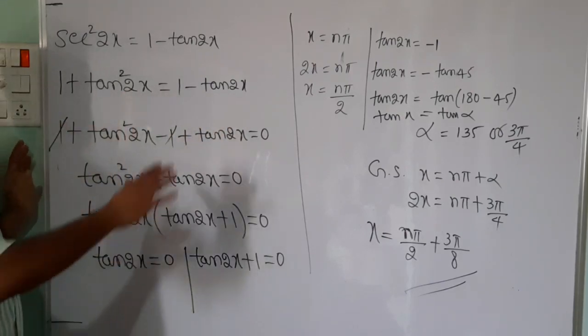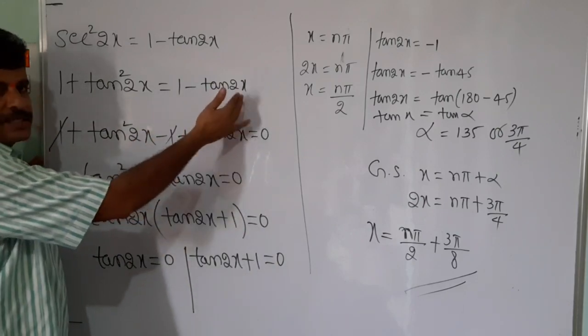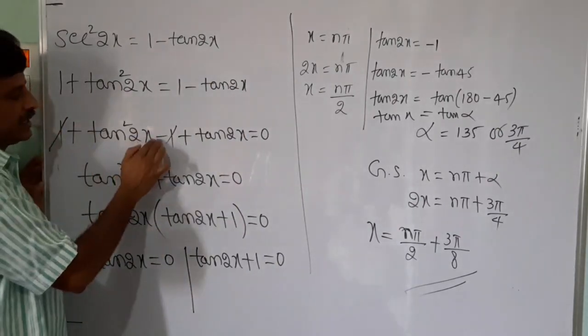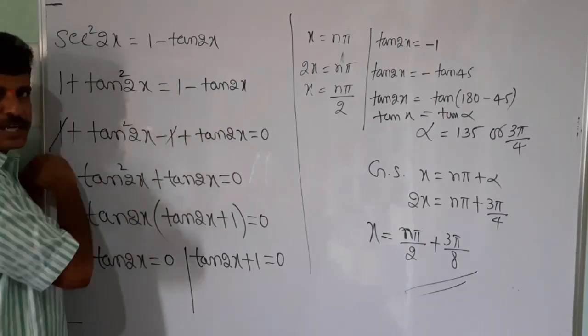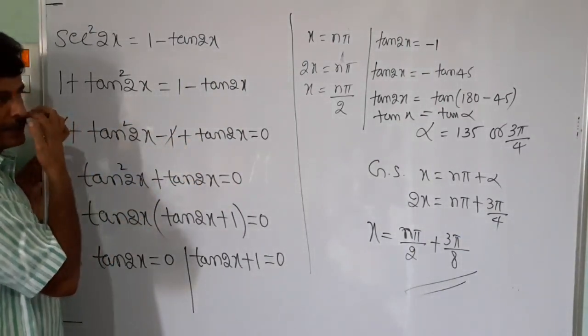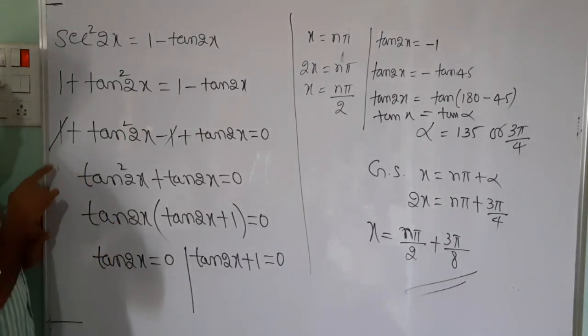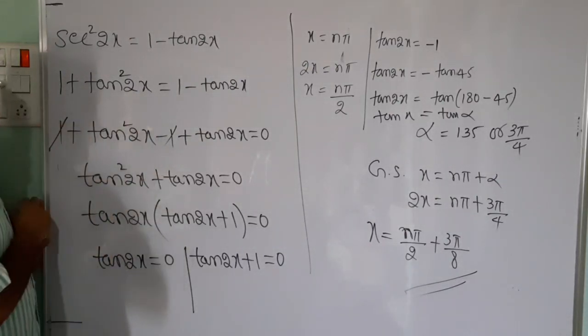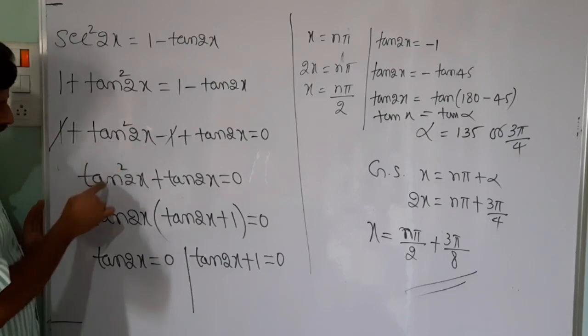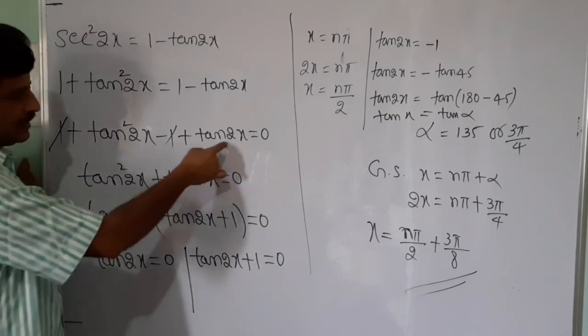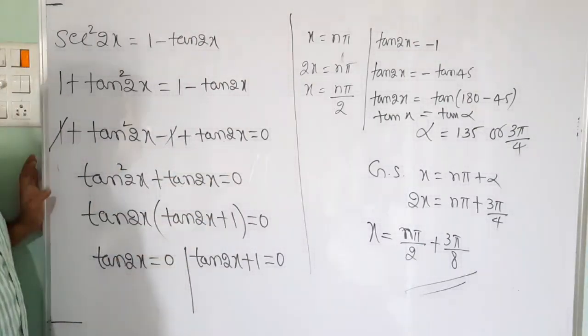Here 1 minus tan 2x, send this side. Plus 1 sent to this side becomes minus 1. Minus tan 2x sent this side becomes plus tan 2x, is equal to 0. Next, dear students, plus 1 minus 1 cancel. Remaining tan square 2x plus tan 2x is equal to 0.